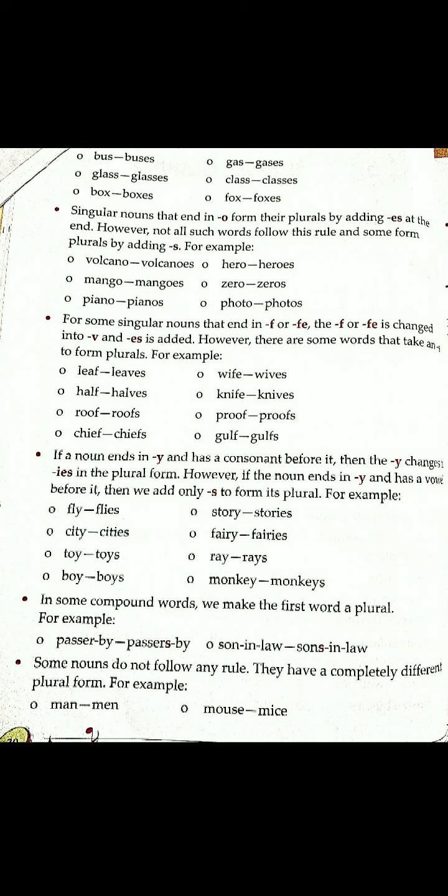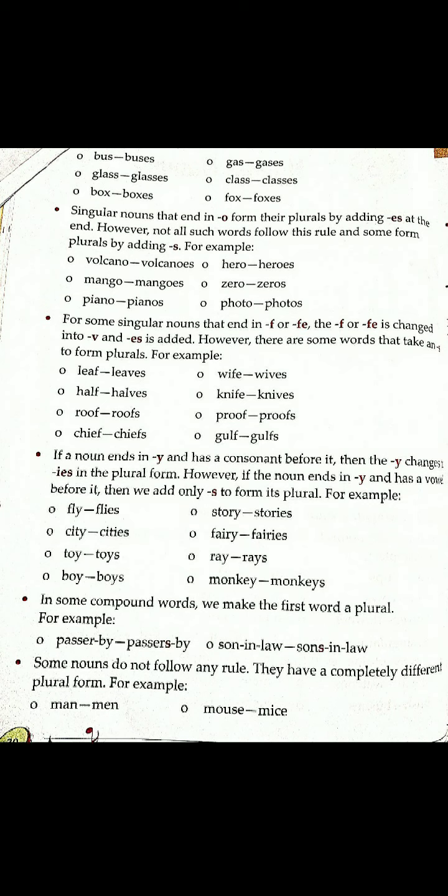For example, now if we have the alphabet f at the end or fe at the end, we can change that f or fe into ves. See, leaf, leaves. Half, halves. Roof, roofs. Chief, chiefs.